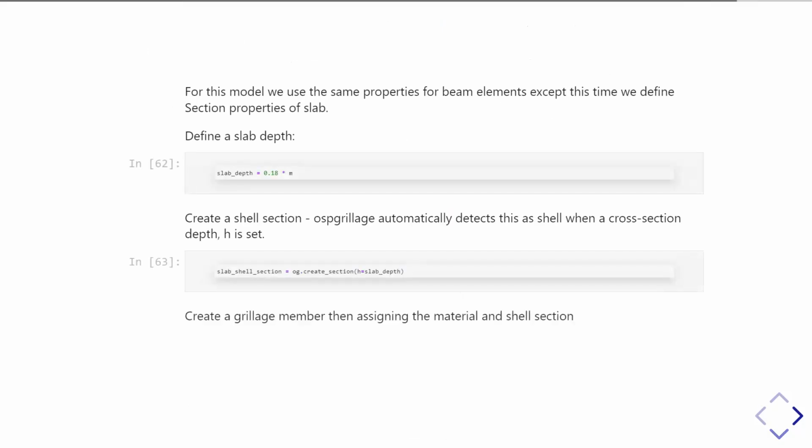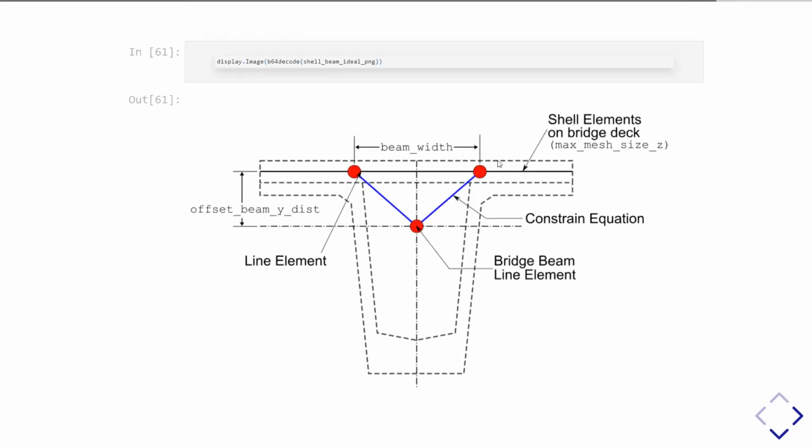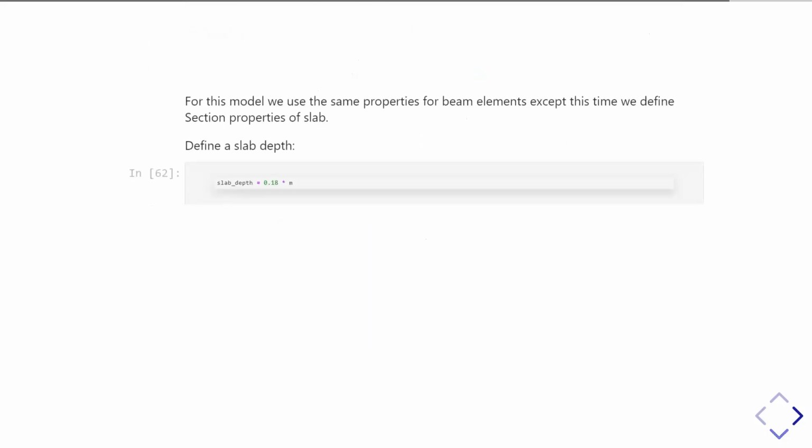Of course this is a different model type. It's a shell, so it incorporates a shell element to model the slabs. So within a grid, there's a shell element, and we need to define that.